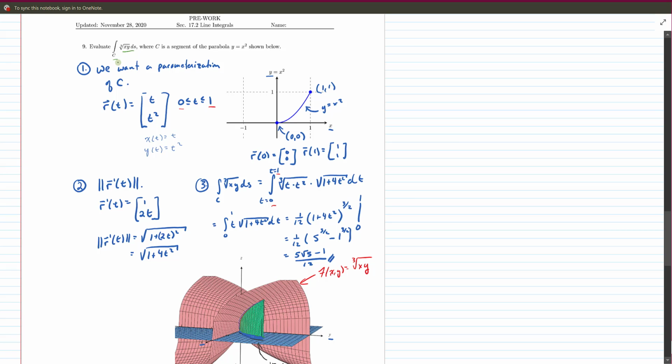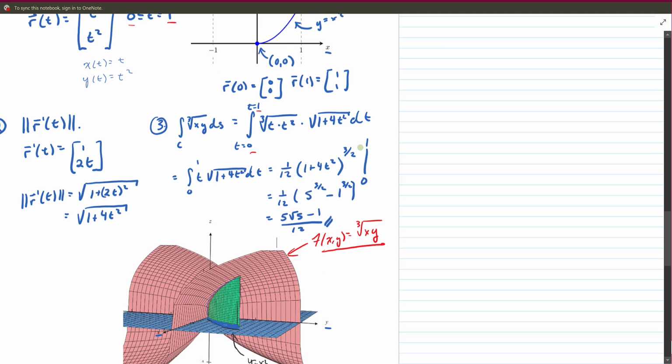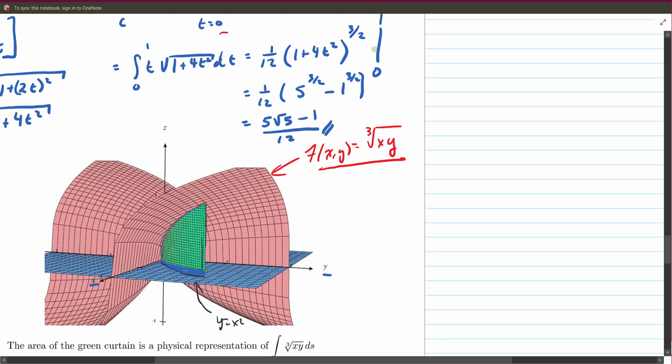In this case, we could take this surface, which is depicted here in the red, or salmon-colored curve, but we only want to evaluate the area of the curtain formed between that surface and the curve y equals x squared in our xy plane. And so what we've computed here is the area of that green curtain.